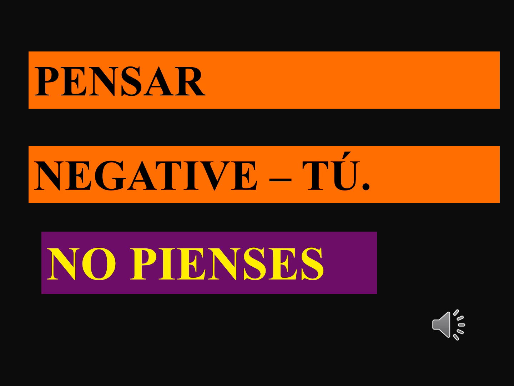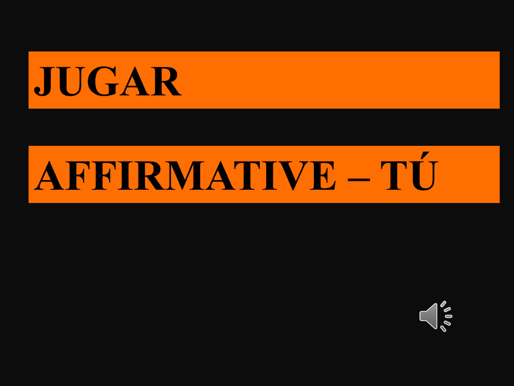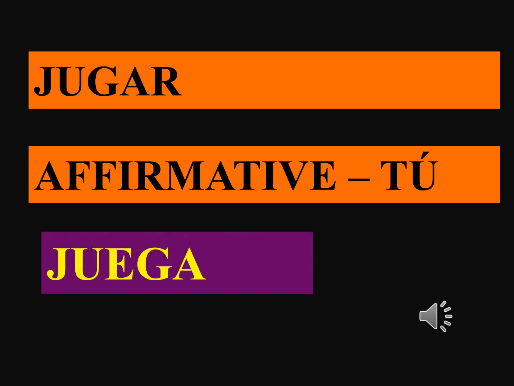Jugar, to play, is a U to UE stem changer. Juega. Juega con Juan. Play with Juan.